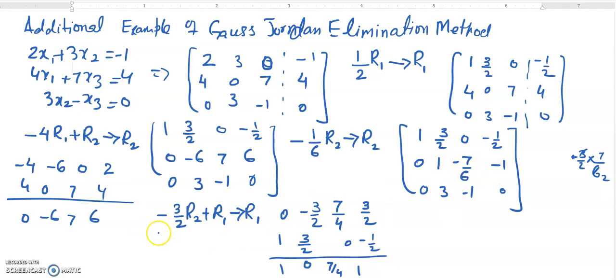The second row operation: we will multiply row 2 by -3 and add it to row 3. That will be the new row 3. So what will that be? -3 R2 will be 0, -3, then 7/2, and then 3.